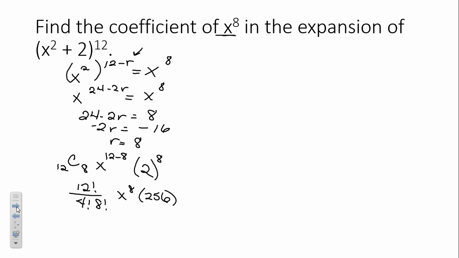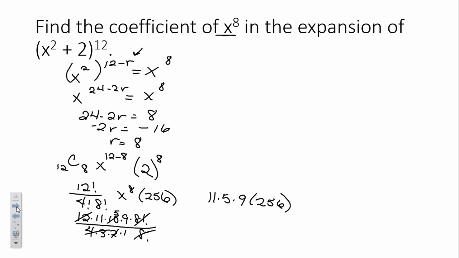12 factorial. You guys have a button on your calculator that you can do this probably quicker than I can. So whatever 11 times 5 times 9 is, 55 times 9 times 256, from the 2 to the 8th.